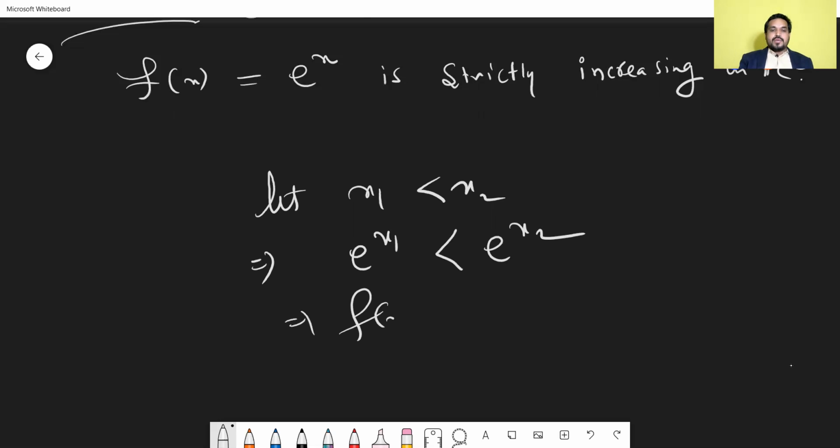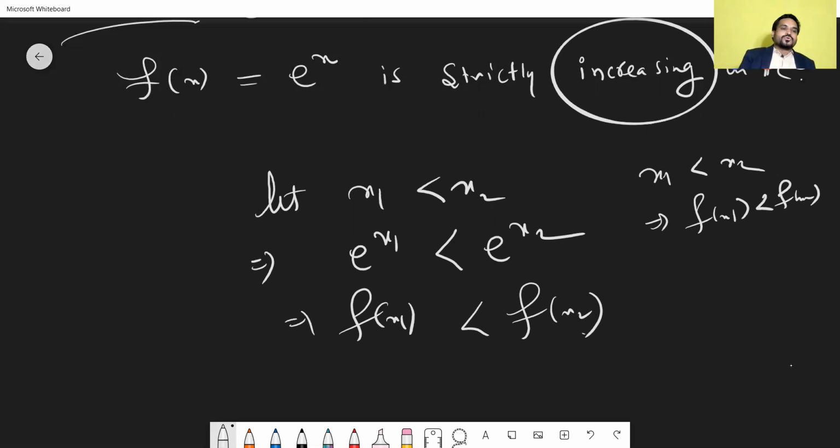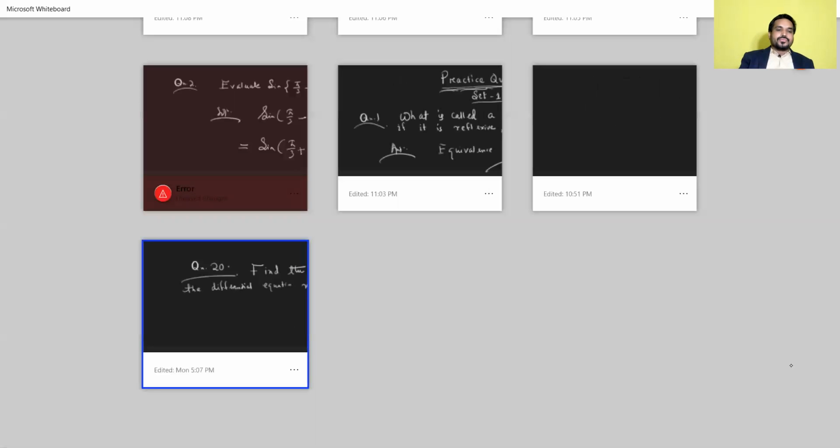This means f of x1 is less than f of x2. So student, if x1 less than x2 implies that f of x1 less than f of x2, this is an increasing function. Now student, come to question number 20.